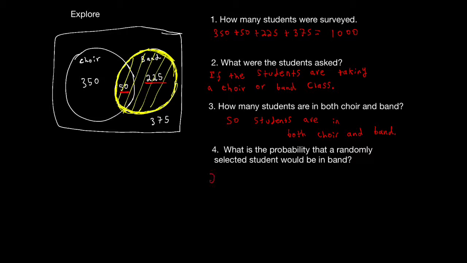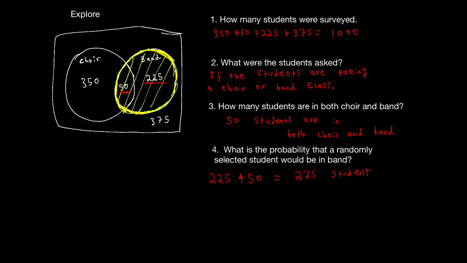We have a total of 225 students in band, and we still have to consider the students that are taking band and choir. So here we have to add these 50. We get a total of 275 students that are taking band.